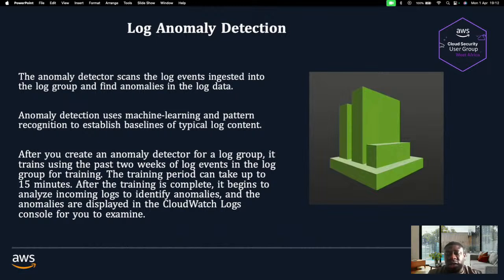It also says the anomaly detection uses machine learning and pattern recognition to establish a baseline of typical log content. So what this means basically is this: after you have created your anomaly detector, let's say you had logs from the past 2 weeks, it uses some time to train itself on the baseline.